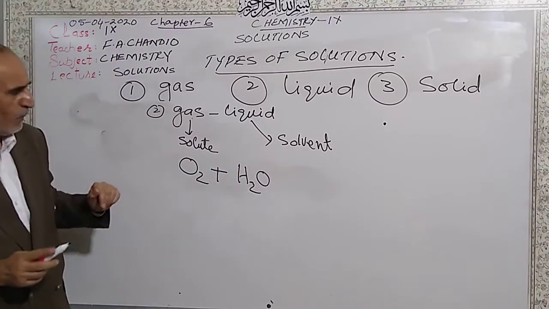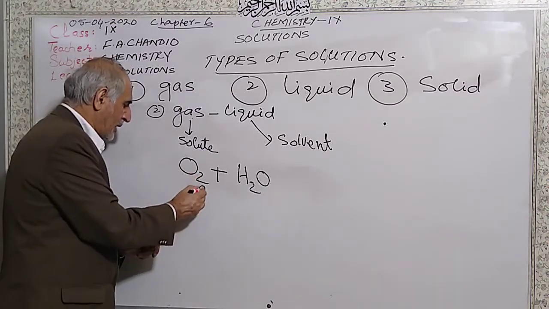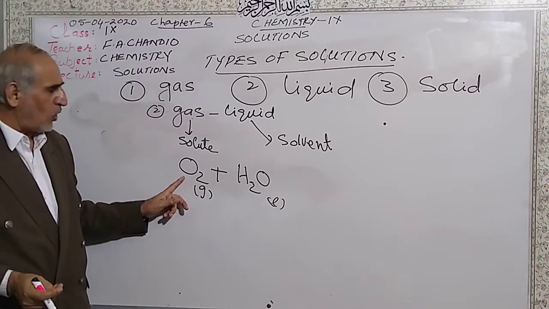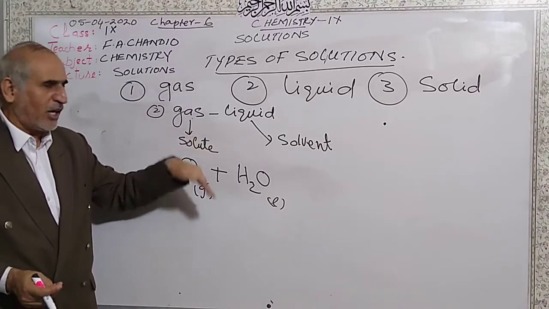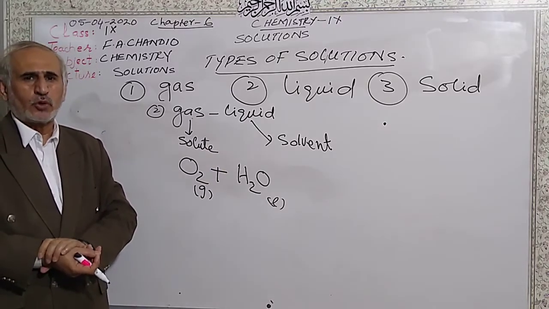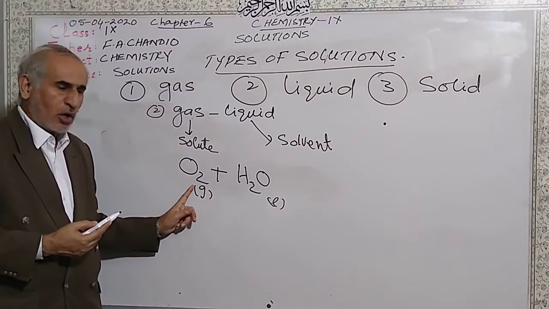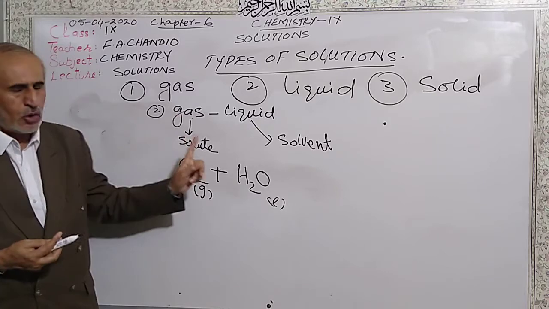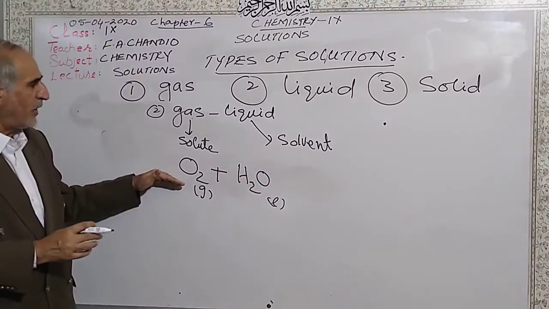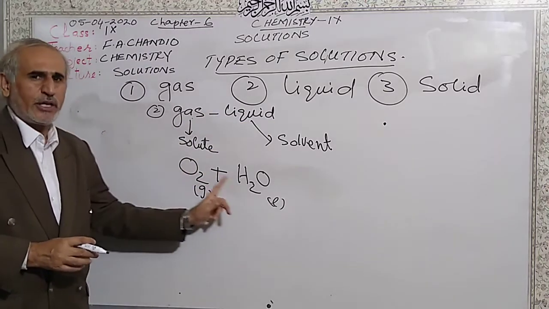I am again telling you, a small quantity of oxygen gas is present in water, dissolved oxygen, to give oxygen to the aquatic life. This small quantity makes it the solute. Water is a large quantity, making it the solvent. So this is one example of gas in liquid, dissolved oxygen in water.